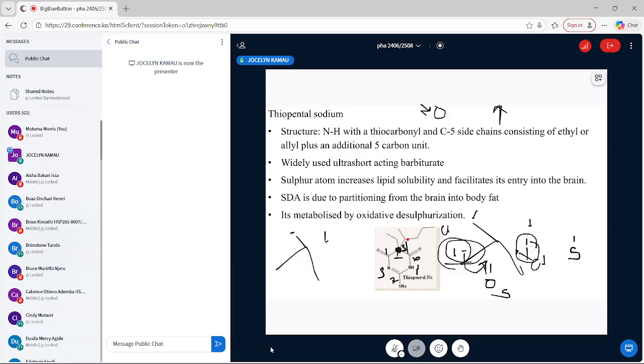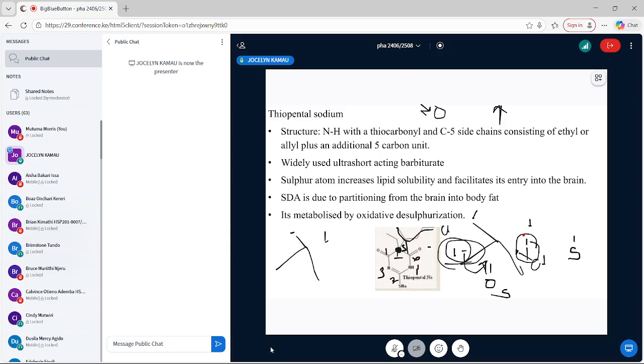So it has to be substituted with the correct group at that position. And then you can see this is an ethyl group. So the first point I want us to understand is that for barbiturates to have activity, of the two nitrogens, either both are unsubstituted or only one is substituted.